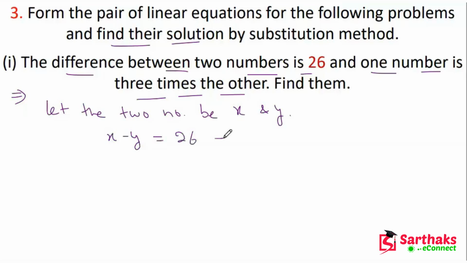Okay, this is my first equation, and the second equation is what? One number is 3 times the other, means x is equal to 3y. Okay, I hope you get this point. Now this is the second condition.